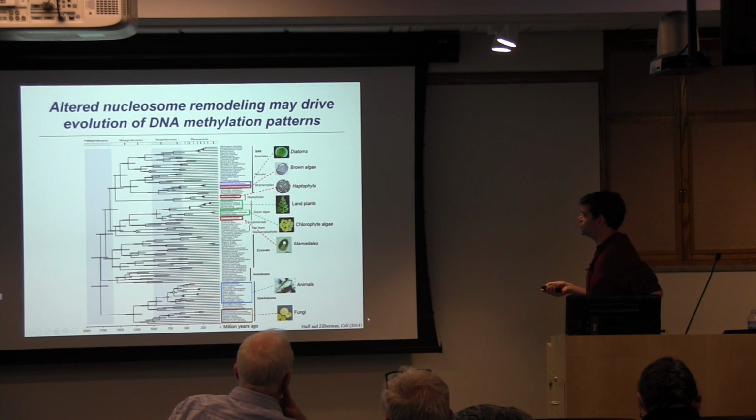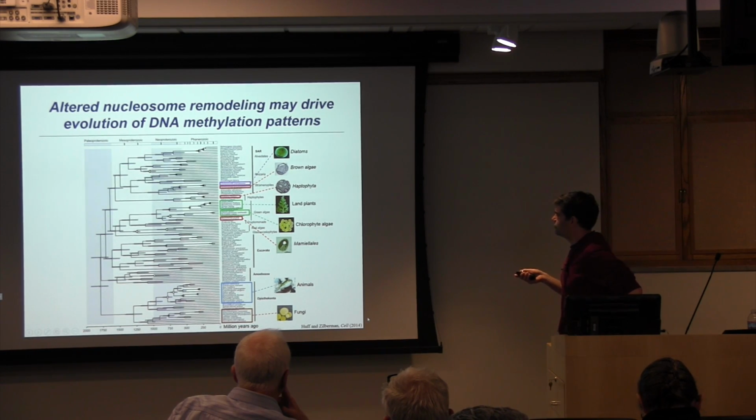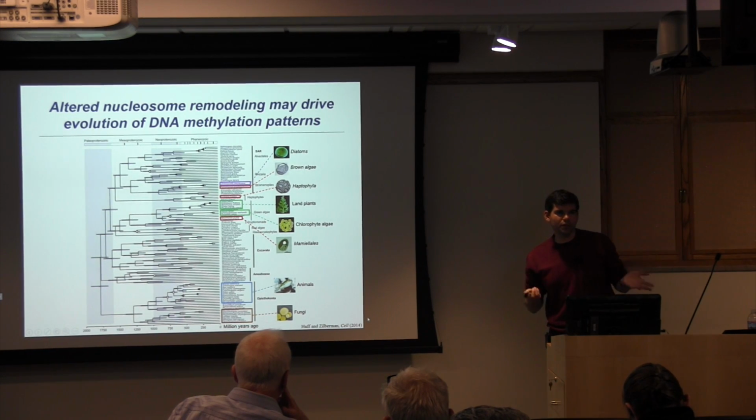This group of green algae I just told you about has this pattern of methylation, but other green algae don't, and land plants don't. Haptophytes have a very similar pattern of DNA methylation to these, though they are very distantly related to other eukaryotes, so it's hard to make much of them. But among the stramenopiles, brown algae have a pattern basically indistinguishable from these green algae, but diatoms, their relatives, have a very normal-looking methylation of transposons that doesn't appear to be confined to linkers at all, at least based on looking at the whole genome.